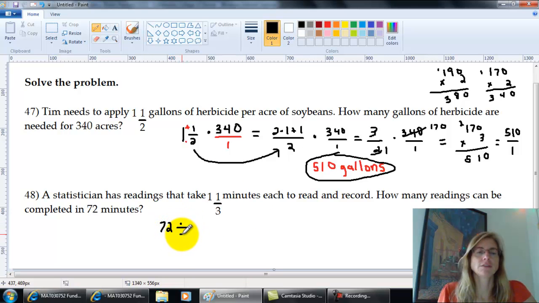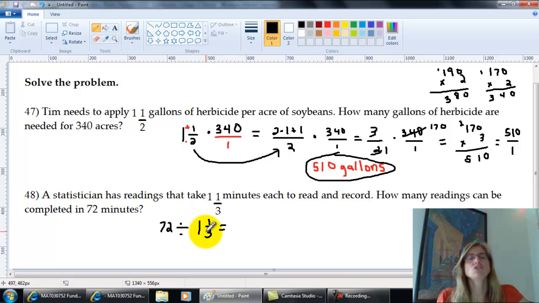We're going to divide 72 by 1 1/3. So we have to follow the rules for multiplication and division, which is similar, and that is change your mixed numbers to improper fractions, including the whole number, which we will change by placing that over 1. And now we're going to do 3 times 1 plus 1 over the 3.